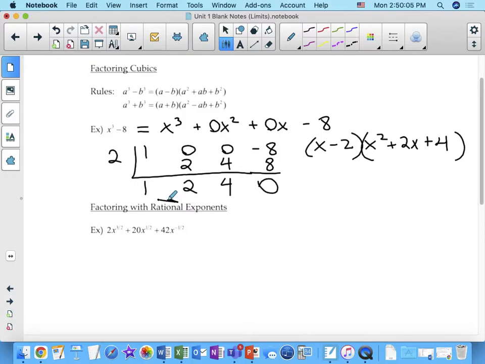Then you'll find, after I do this for a little bit, I'm starting to notice that this is what transpires. It's the same pattern over and over again, so now I don't really have to go through the process of synthetic division because I know what's going to happen. Does that make sense? Okay.